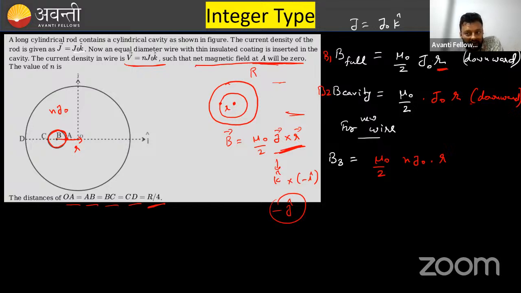Two fields are already in the downward direction, so the new magnetic field should be in the upward direction. Only then it will be zero, then I can balance it out. So B3 is equal to B1 plus B2.